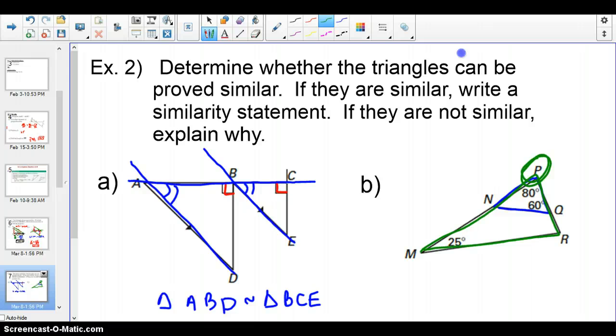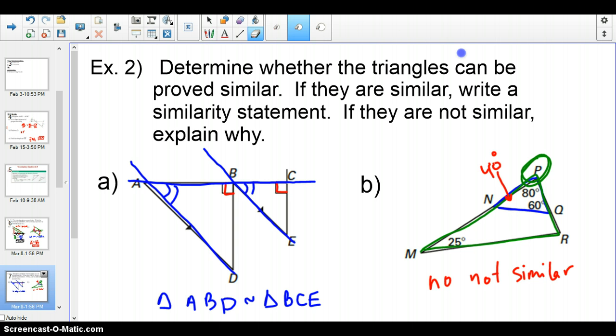If I do some quick math, I can figure out that this angle right here is 40 degrees. So this little triangle in blue has three angles: 40, 60, and 80. But only one of those matches with the triangle in green. You need at least two, which means no, these are not similar, because no two corresponding angles are congruent.